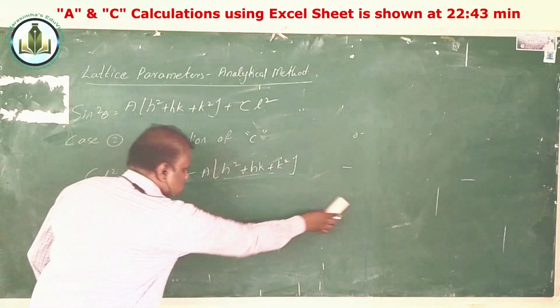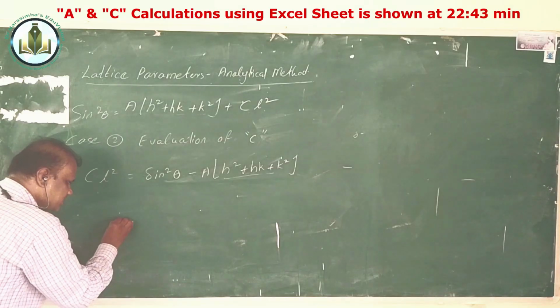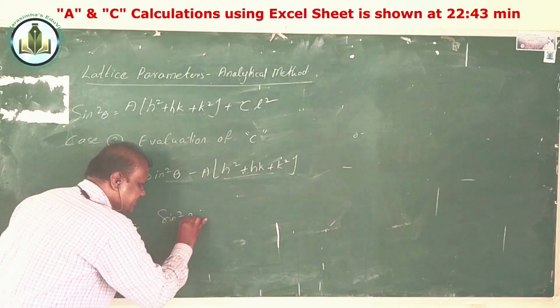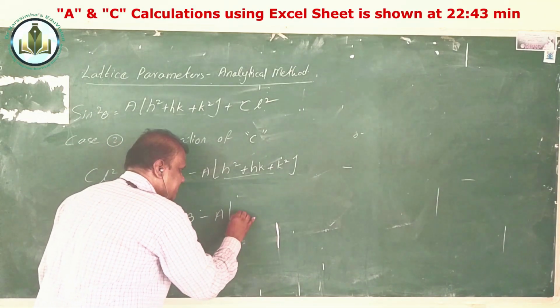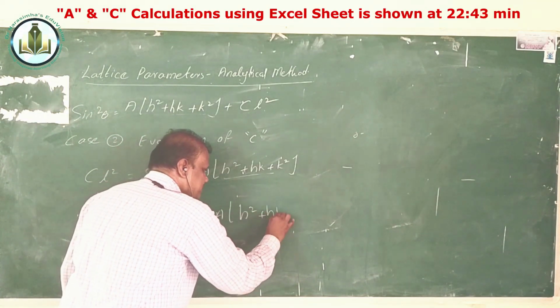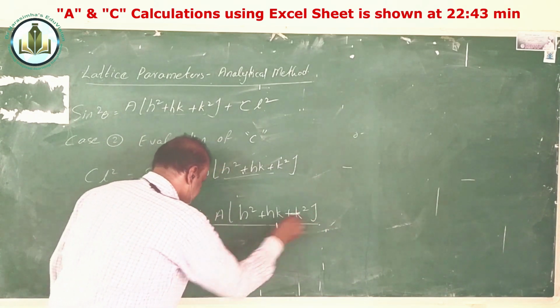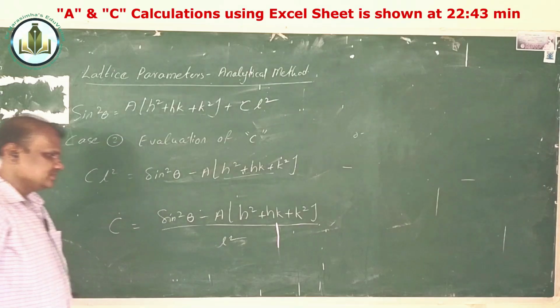Therefore the capital C value can be written as sin square theta minus capital A into h square plus hk plus k square, divided by L square.